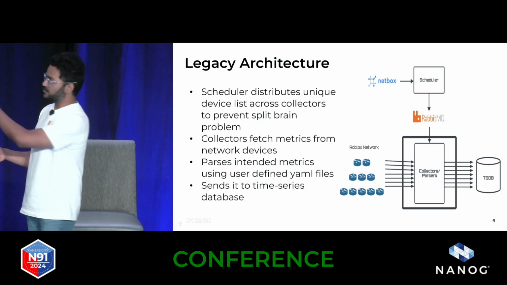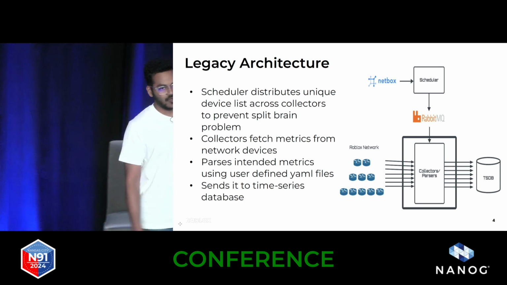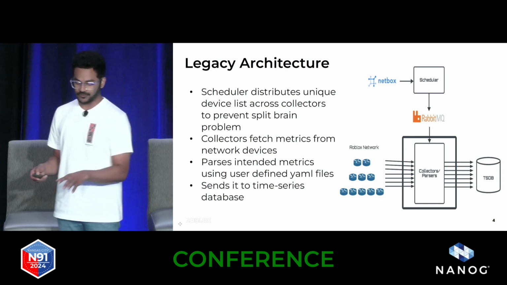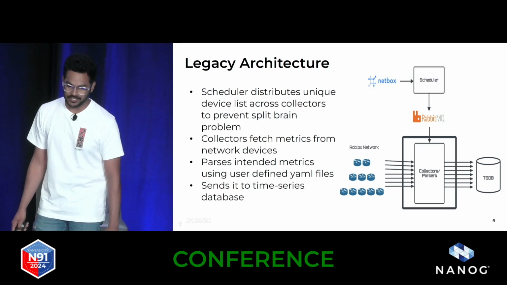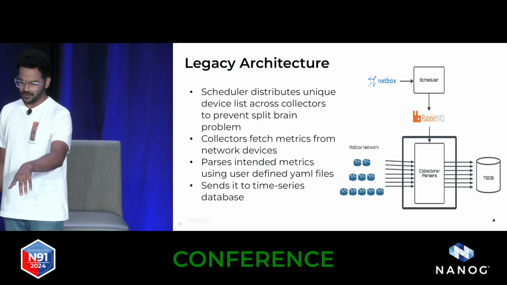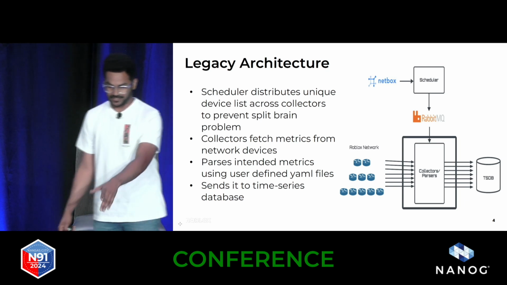So the diagram that you see on the right is the entire telemetry pipeline that we have right now. But for this presentation, we're going to focus only on collectors/passes that you see in the big black box. But I'm going to give an overview of the other components right now so that it makes sense. So let's start with the collectors.